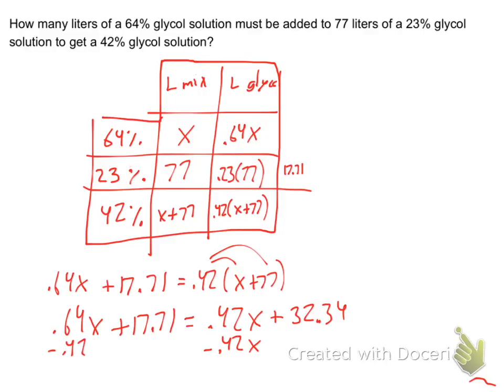Yep, and you get 0.22x. I'm going to subtract the 17.71, which gives 14.63. Then divide both sides by 0.22. So x is equal to, it's about 5 times that size, 66.5.